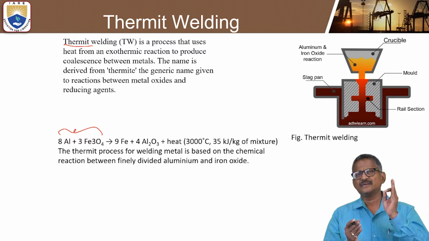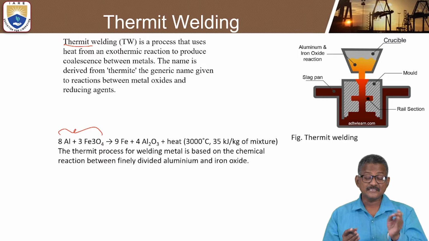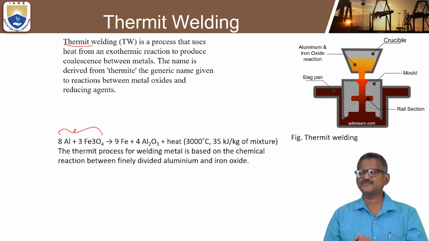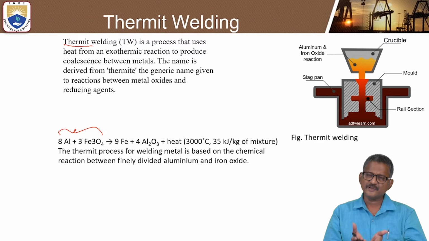Only thing is, in a welding process, especially in the thermite welding process, there is no power source, DC or AC cannot be used. Only the principle of casting, as you discussed earlier, is used.